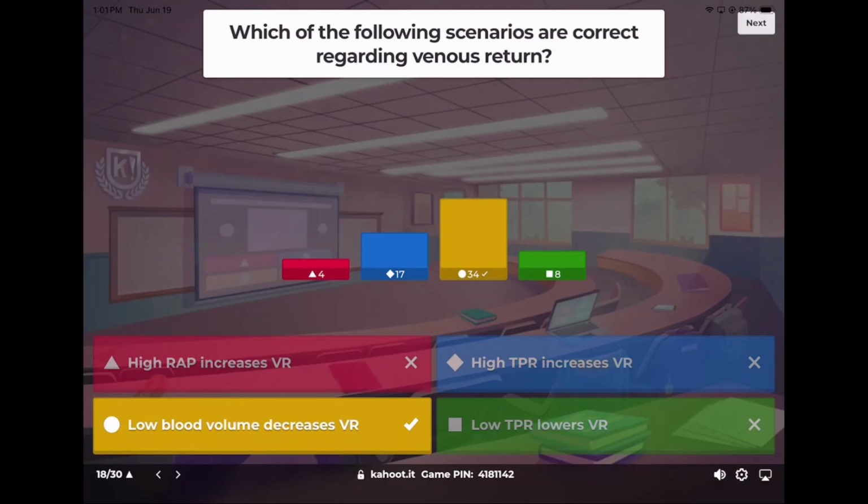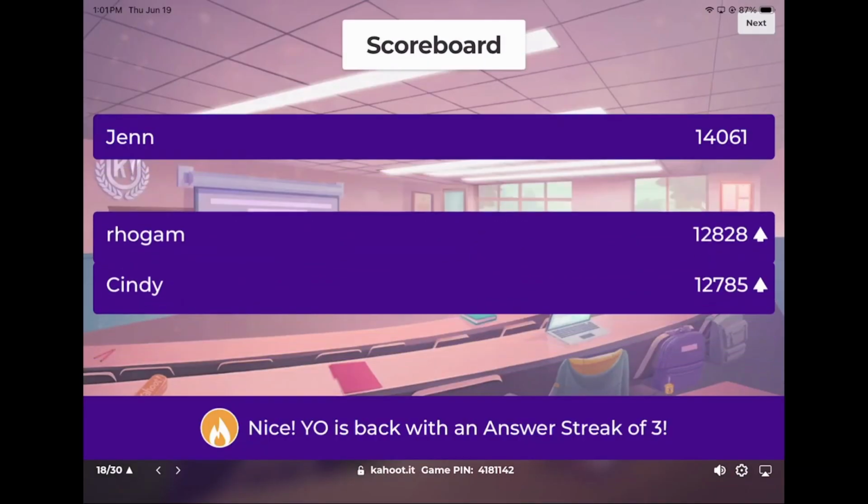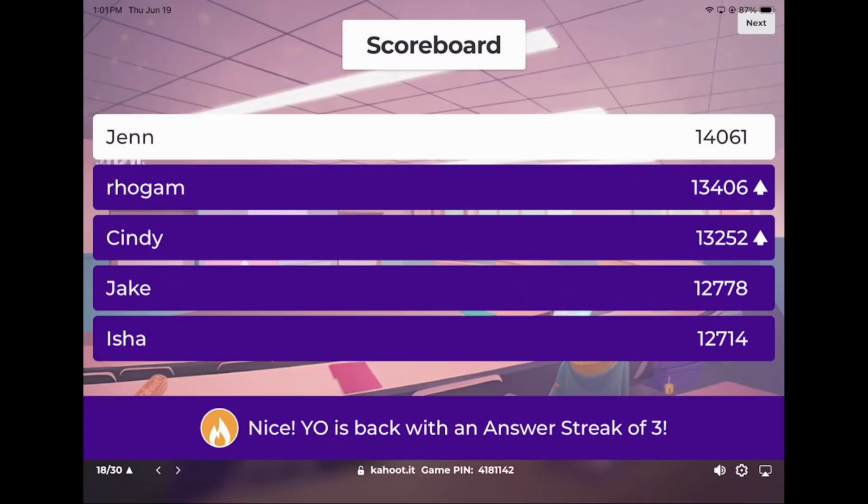That's high total peripheral resistance, nothing to do with it, it's a vascular problem. Low TPR lowers venous return? Those are just opposites. Low blood volume, you have less volume in the system, less coming back to the heart. So that's how you decrease venous return. You just have a hemorrhage somewhere and you're losing blood, less blood will come back.